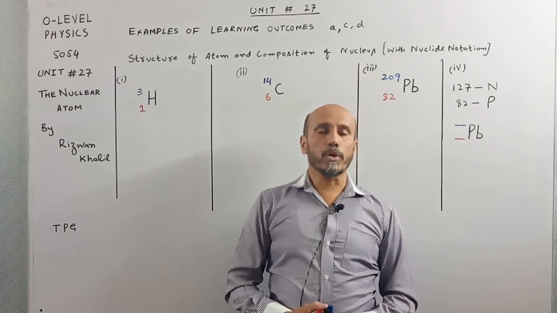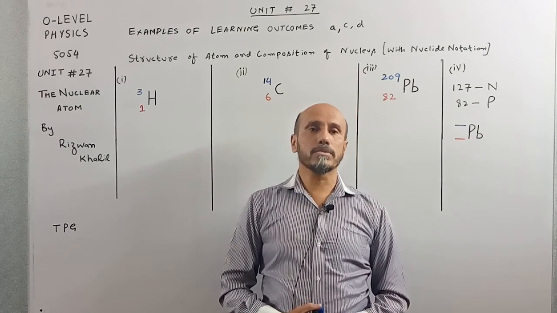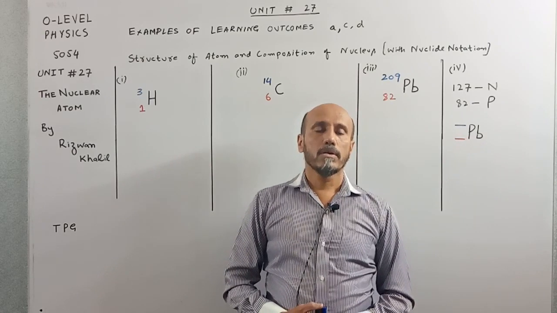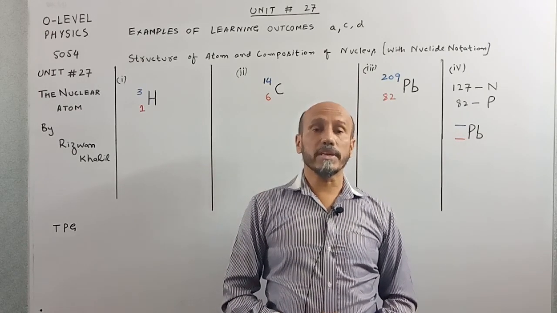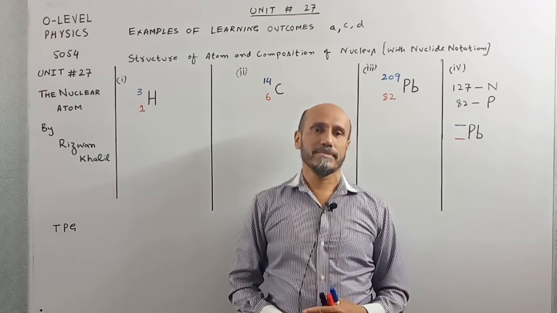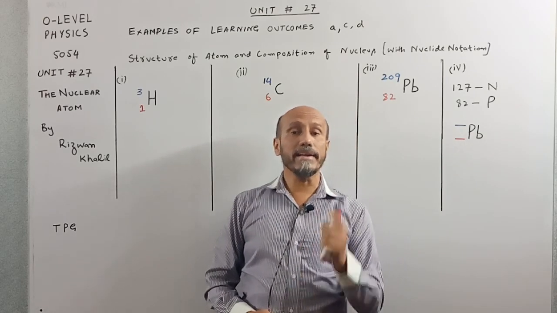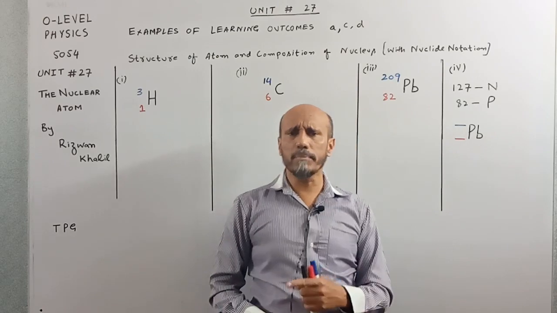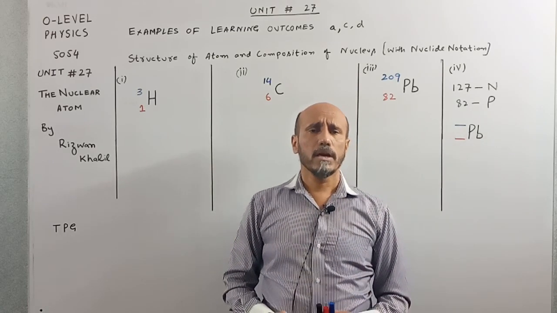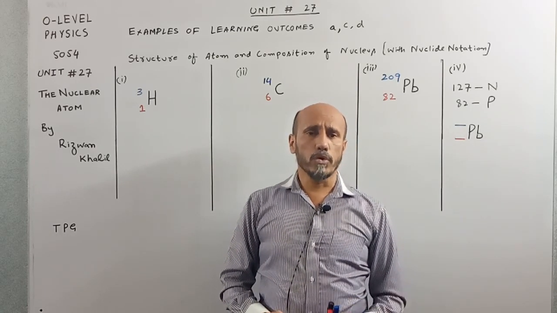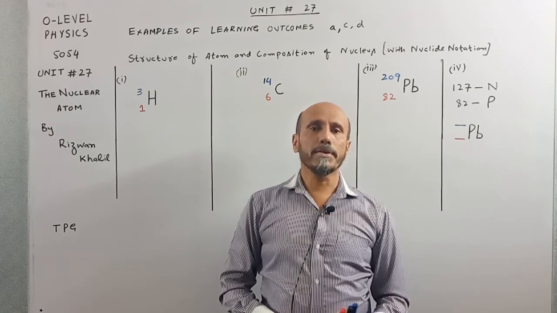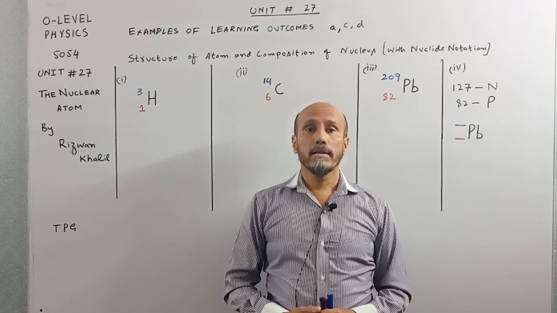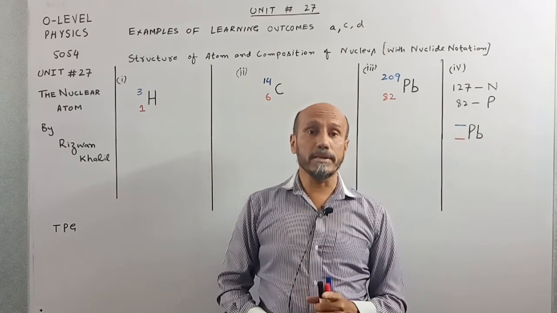Number one, proton number or charge number or atomic number: the number of protons inside the nucleus. This is compulsory to write. It is represented by capital Z.